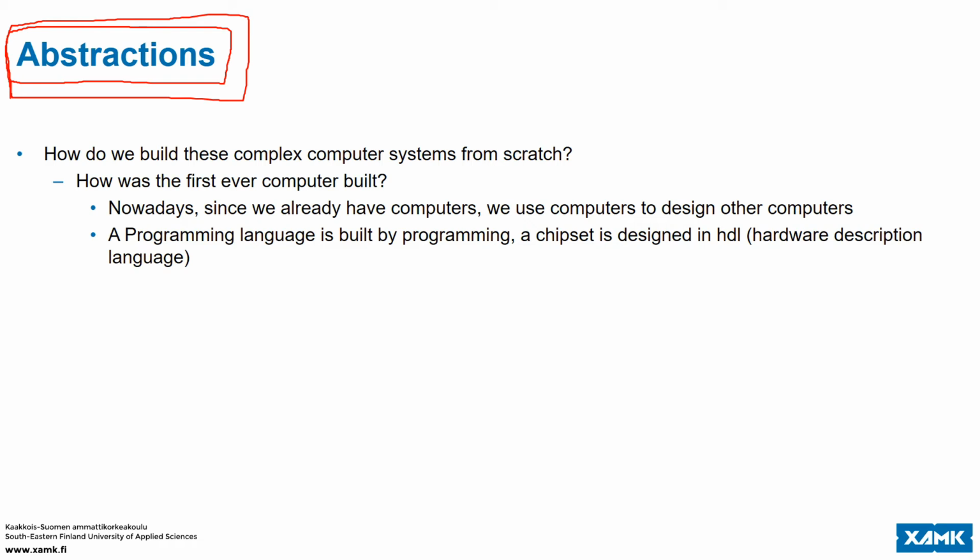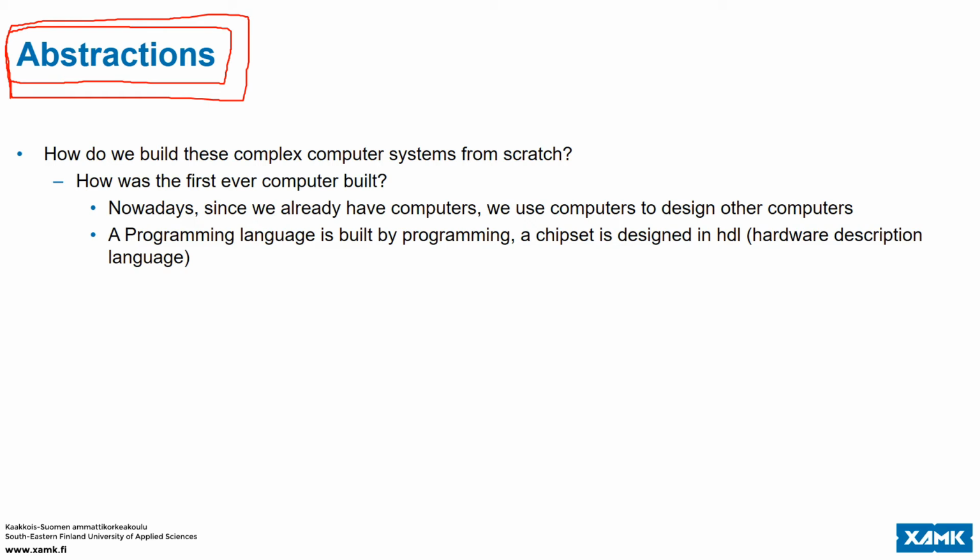To explain what abstractions are, let's consider how we build these complex computer systems from scratch. If you go to buy a laptop from a store, that laptop computer has to have been manufactured at some point. So how was it built from scratch? How was the first ever computer built?